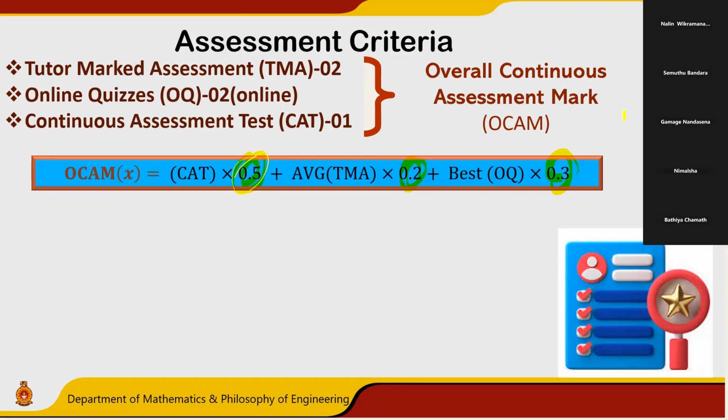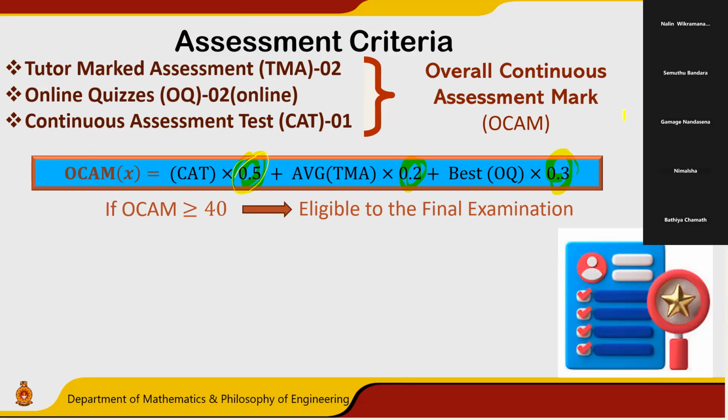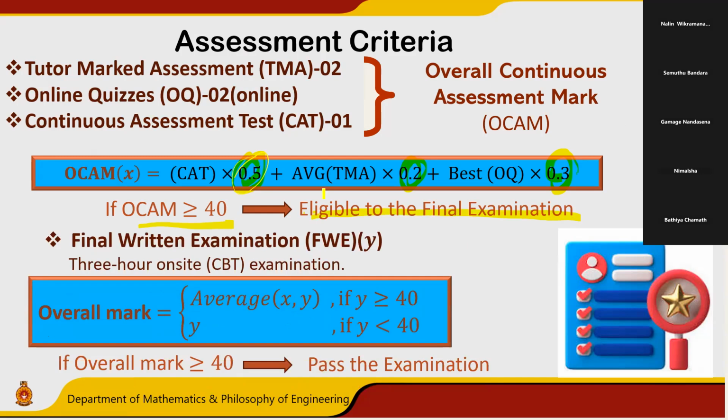After that calculation, if the OCAM mark is greater than or equal to 40, you can sit the final examination. Otherwise, you can't. At the final examination, the final examination mark is Y and the OCAM mark is X. How do we calculate the overall mark?